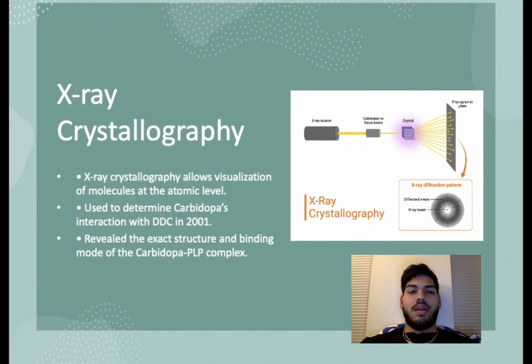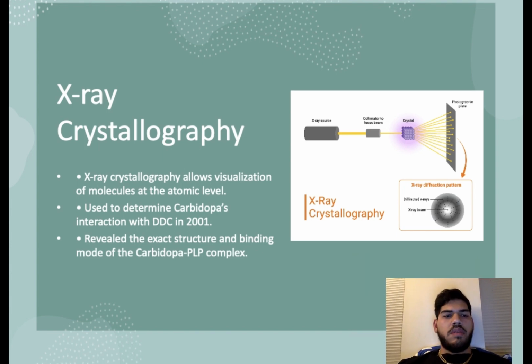This technique was used for visualizing exactly how carbidopa binds to DDC, revealing the detailed 3D structure of the carbidopa-PLP complex. With this information, researchers could confirm how carbidopa inhibits DDC, which has been invaluable in optimizing Parkinson's treatment.